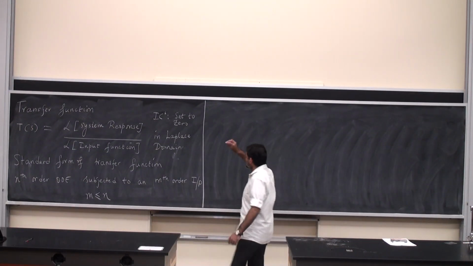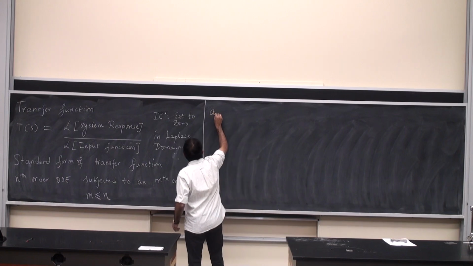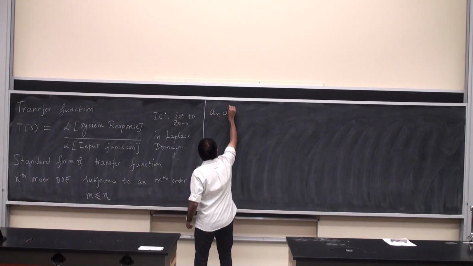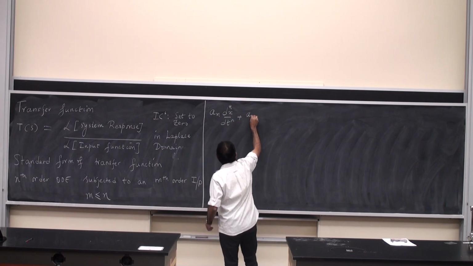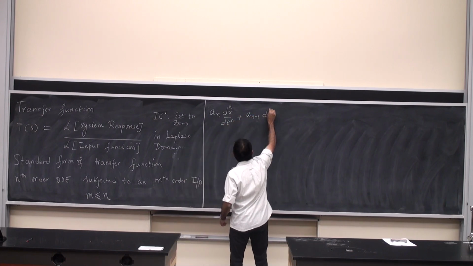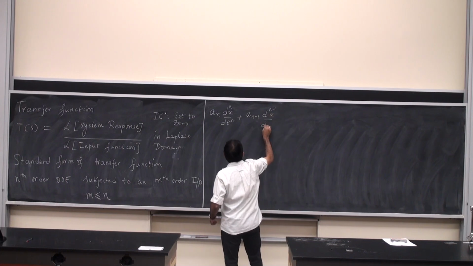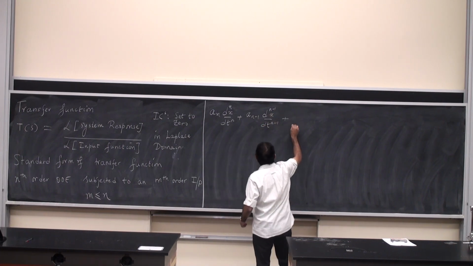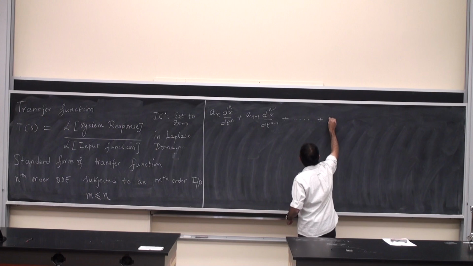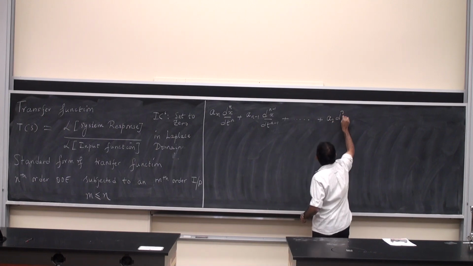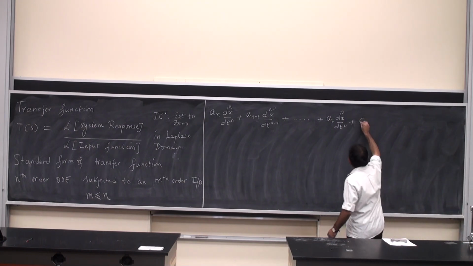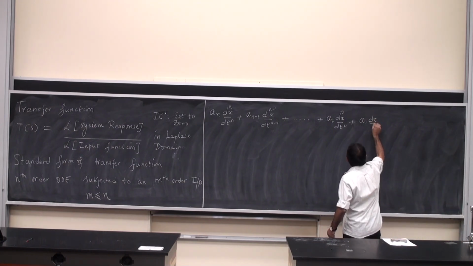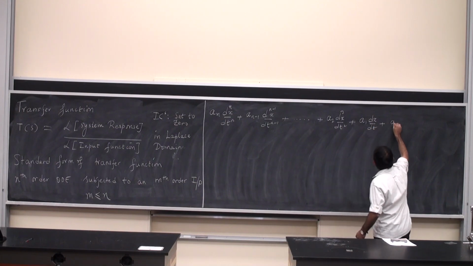Some of this could be repetition from last time. So this is a_n d^n x/dt^n, then a_(n-1), then a2 d square x by dt square, and then the remaining two, a1 dx by dt, and a0 x.